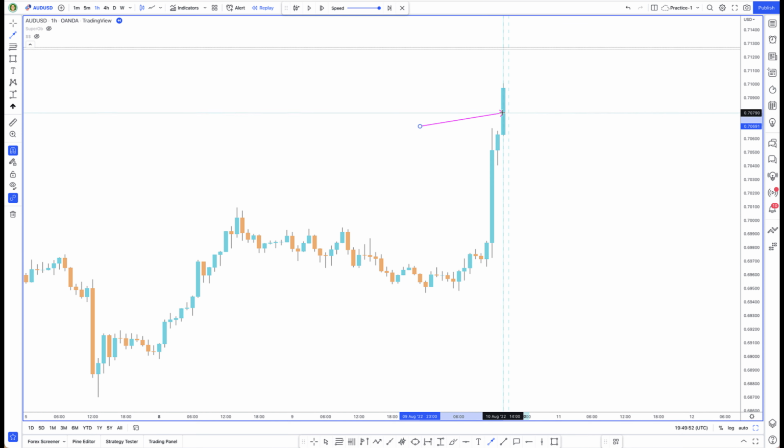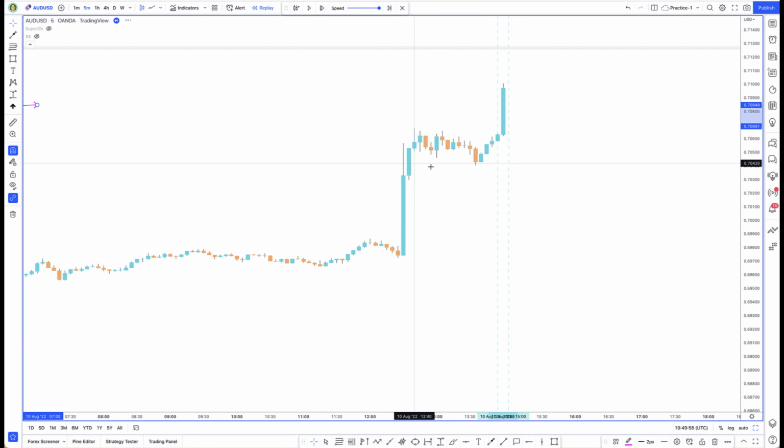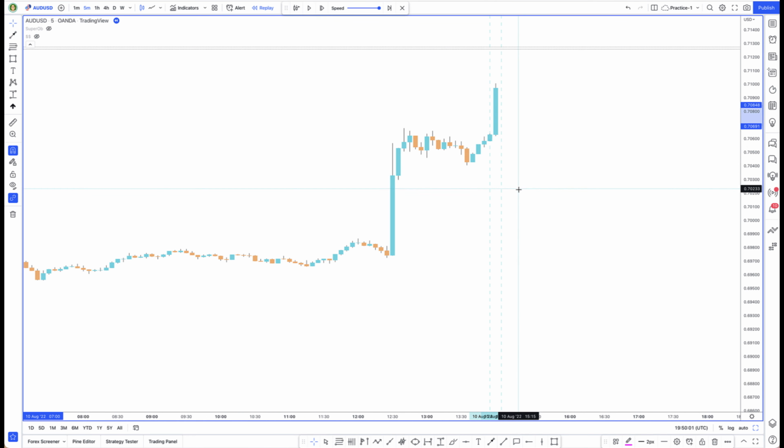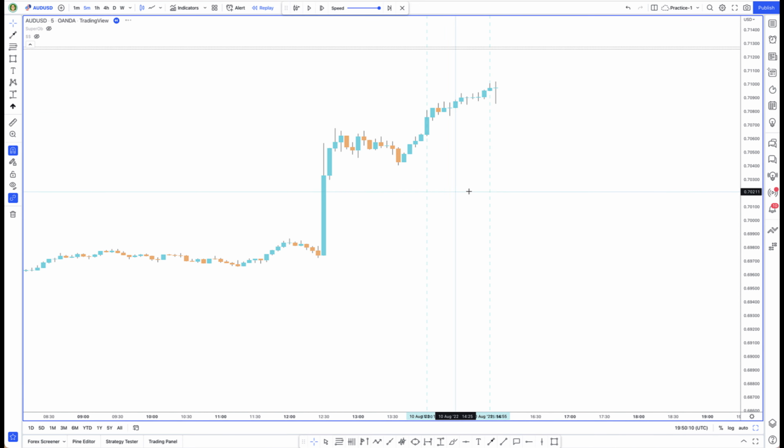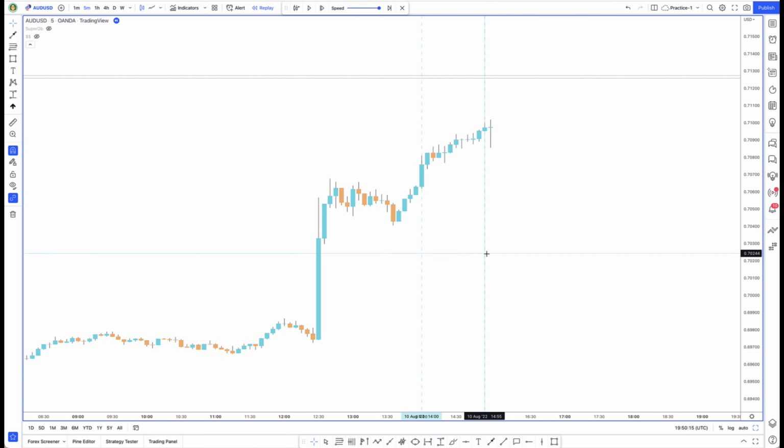There is no selling in this candle, or at least not visible here. Let's peek into 5 minutes, and you can clearly see there's just been buying going on in this candle, nothing else. Going back to 1 hour.